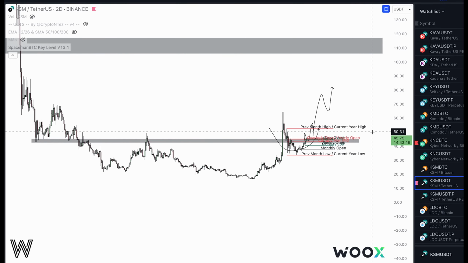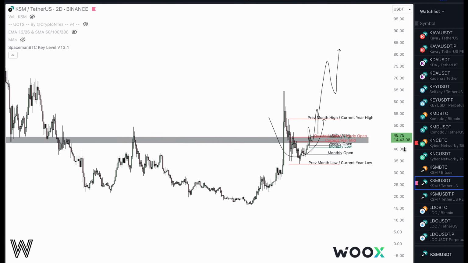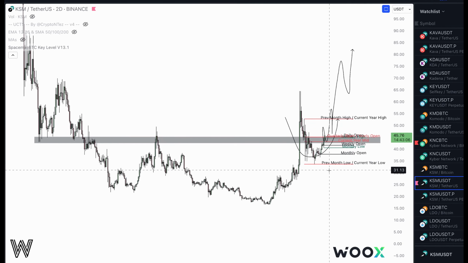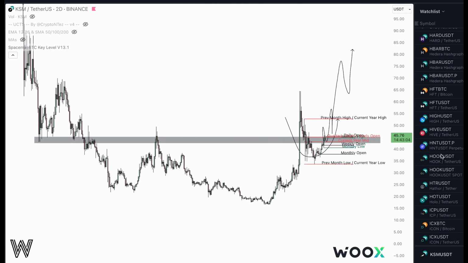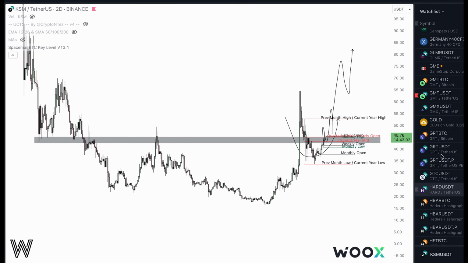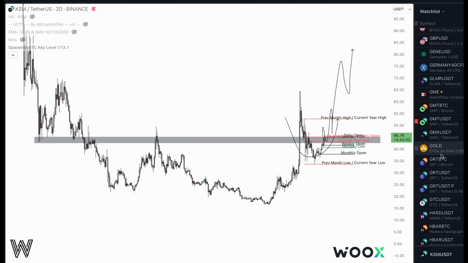But be careful. I repeat, if there are many downward deviations, for altcoins know that it's not the right time. But now what I like to see is Ethereum at $3,500, $3,600, altcoins following it a little bit.